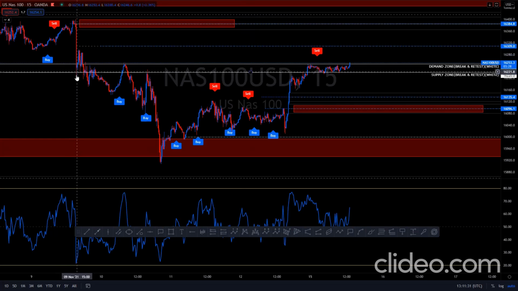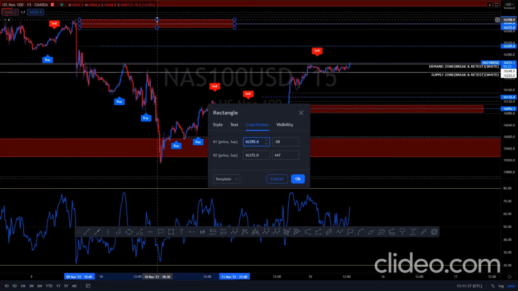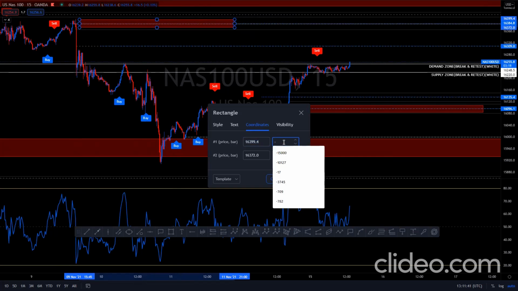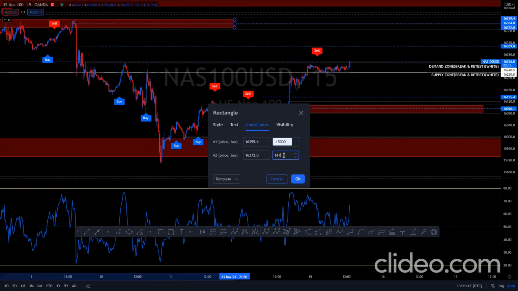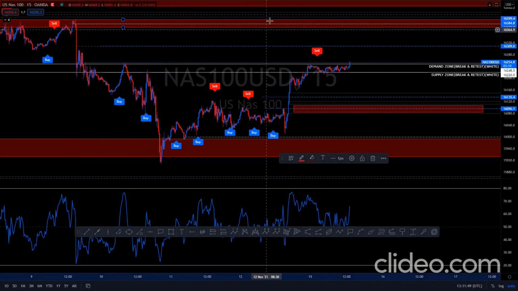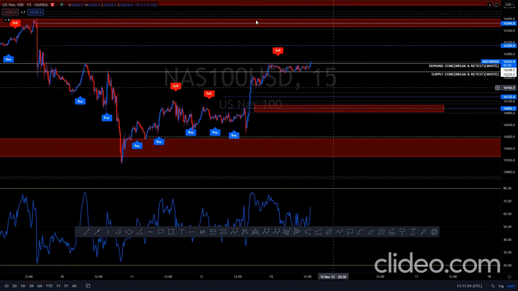Even though they got massive profit off of this sell order, that buy order is in huge negative profit. So they're going to have to buy into this area in order to close off that order and be in profit again. So they're going to have to mitigate this area as well, but they're also going to have to mitigate this area.